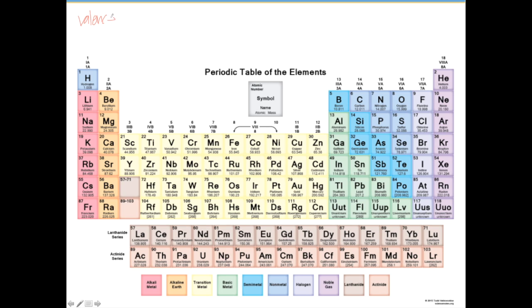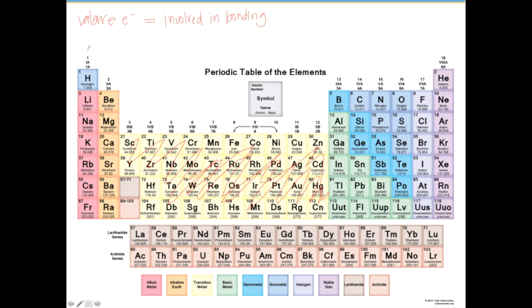Valence electrons. Remember, these are the ones involved in bonding. I just copied and pasted this into a slide. Remember, we're ignoring all of these because these are transition metals, so we're not really concerned with them for this class.